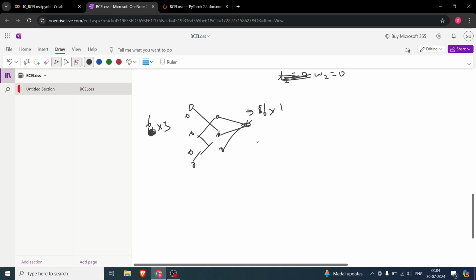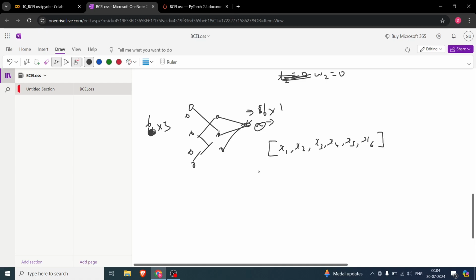So let's say we are taking the example. Again, this is all after applying the sigmoid. So this is x, whatever output you are getting after the sigmoid: x1, x2, x3, x4, x5 and x6.